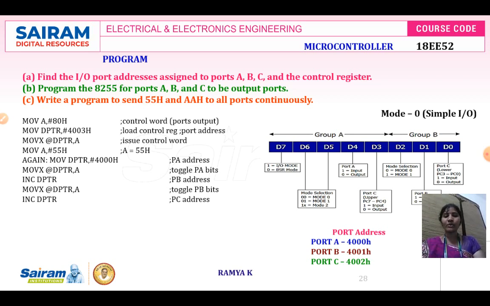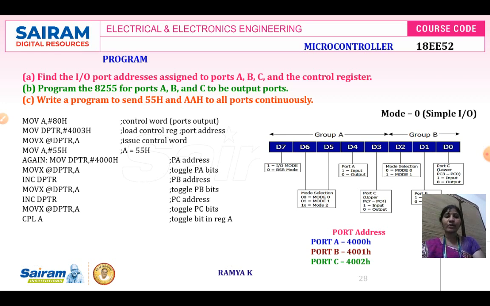Next I want to move the content of the accumulator to 4002H. Now when these three lines are executed, the content of the accumulator, that is 55, is moved to the port A address, port B address and port C address.